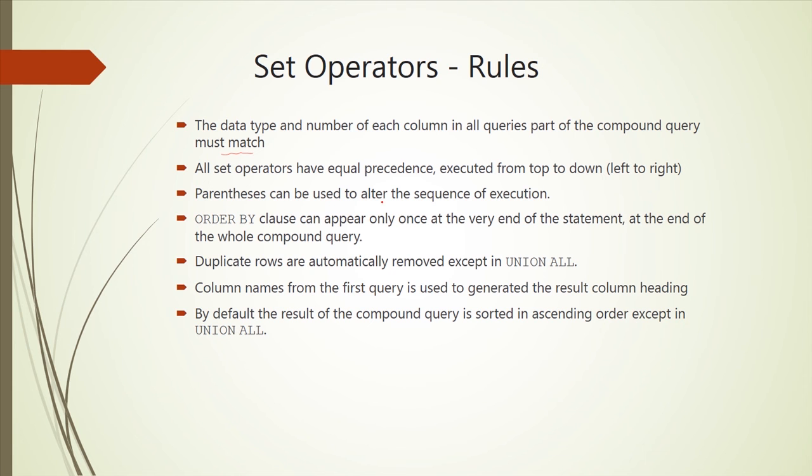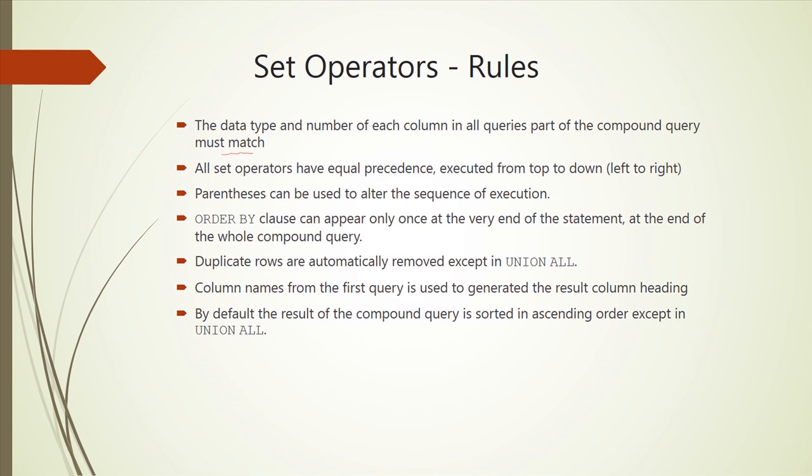Parentheses can be used to alter the sequence of execution. The order by clause can appear only once at the very end of the statement, at the end of the compound query. Duplicate rows are automatically removed except in union all. So if there are any duplicates in union, intersect, and minus, the duplicates will be removed except for union all.